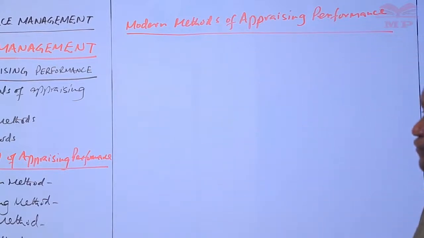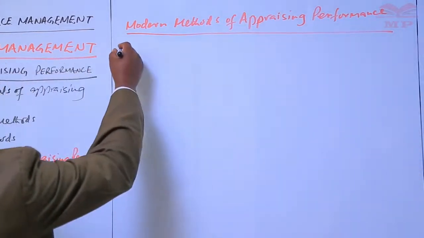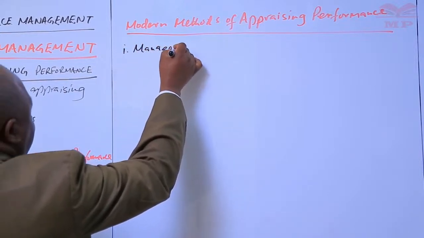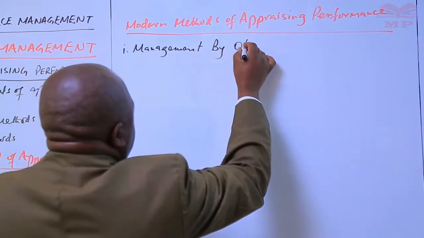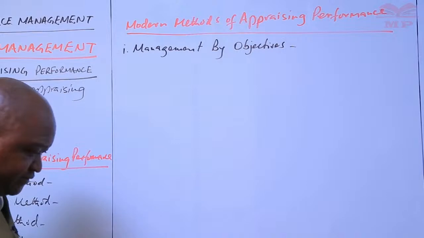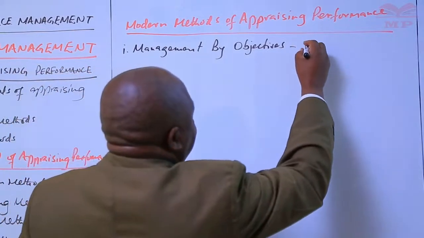One of the modern methods of appraising performance is what is referred to as management by objectives. Management by objectives. The propounder or founder of this particular method was Peter Drucker.